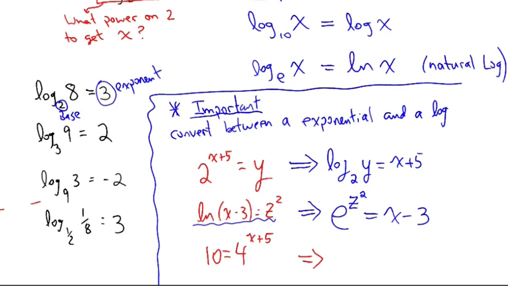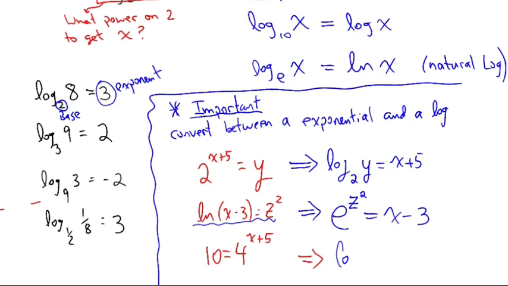What form is it in right now? Do you see a log in here? No. So it's not logarithmic. It must be exponential. So when you have an exponential function, you want to change it to a log. So the first thing you do is you write log over here.